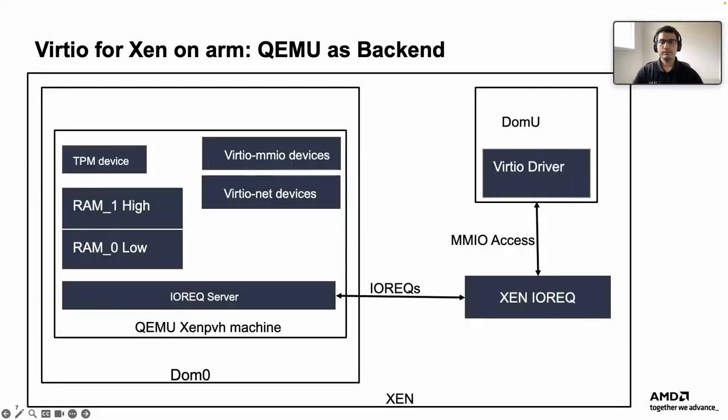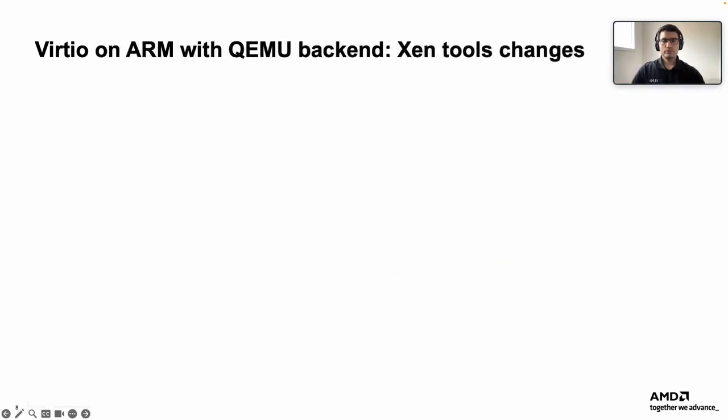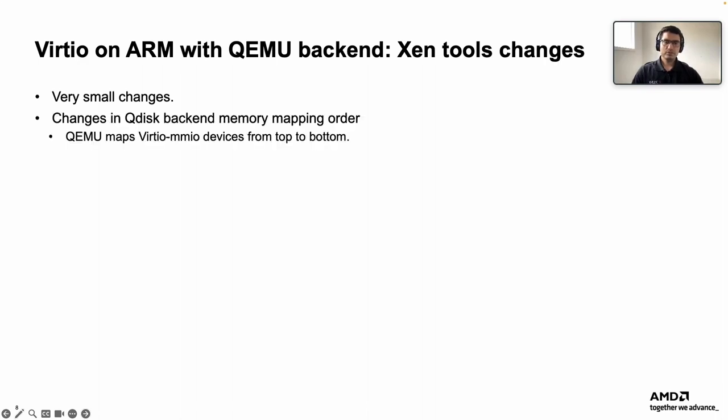Okay, next let's see what changes we had to make in the tool stack to support VirtIO MMIO and VirtIO network. For the Xen tool stack, there were not many changes, as VirtIO MMIO and net were already present in the Xen tools, and Xen had the support to create the required VirtIO device tree nodes for the guest.